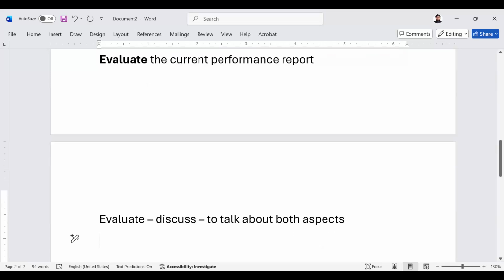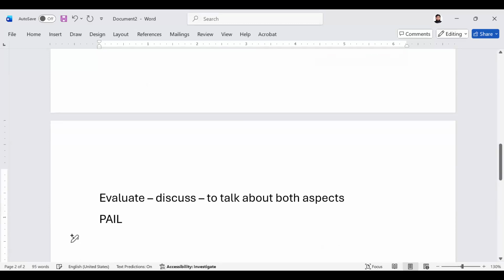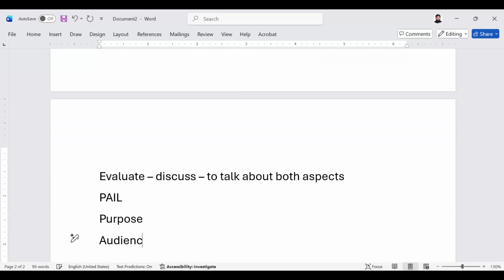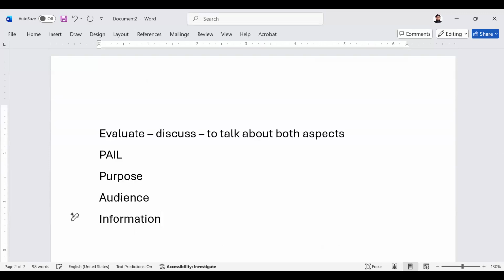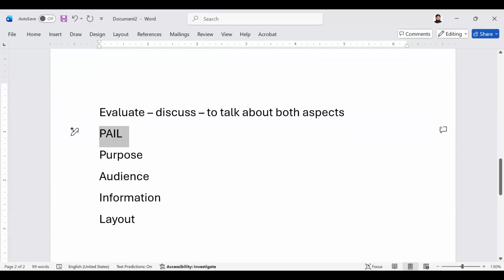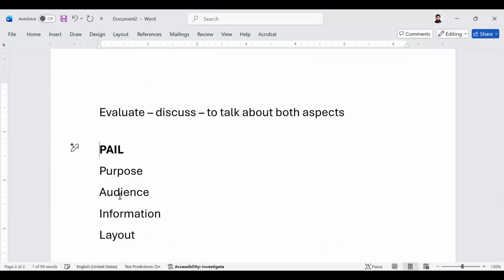Now, when he says evaluate the current performance report, usually we use a framework called PALE, which is purpose, audience, information, and layout. So we usually use this PALE.